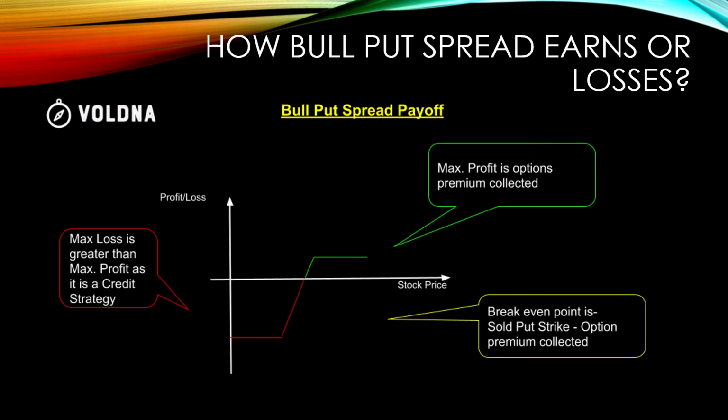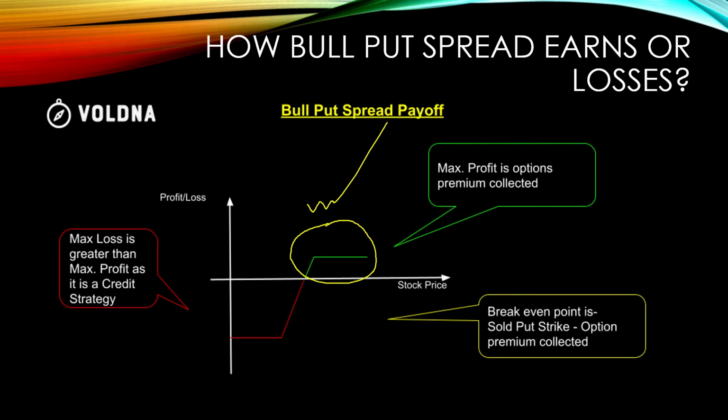So how does this bull put spread earn or lose? As discussed earlier, this is the simple strategy. Your maximum profit is the net premium collected, and you will get this profit only if the stock remains sideways or it will rally.